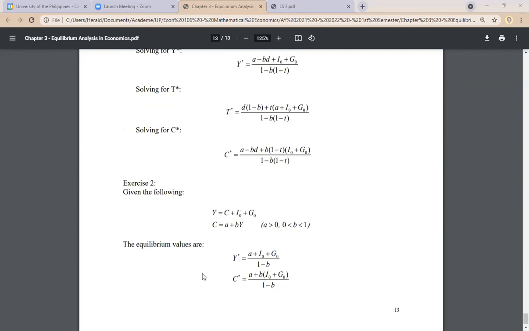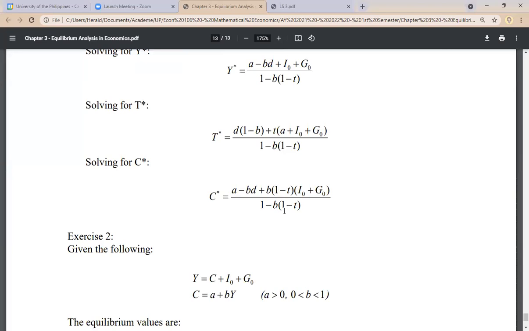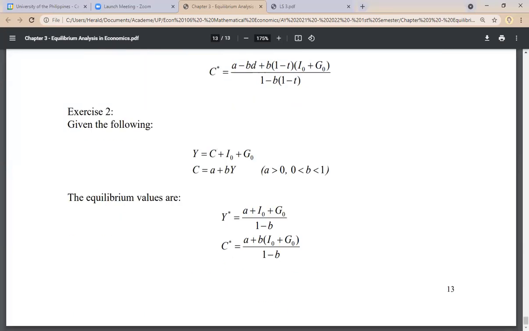Let's consider this example, class, because it's just a basic model. So what we have here is a simple Keynesian national income model. We have Y and C standing here as our endogenous variables. So again, first and foremost, determining what we're trying to solve in the model.